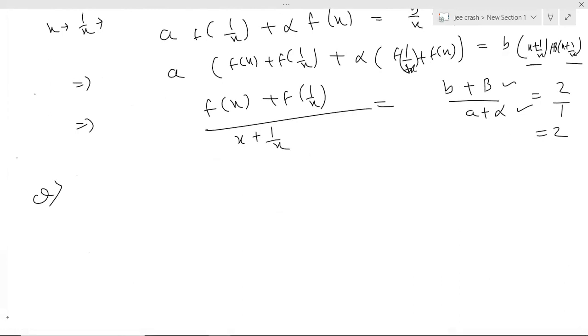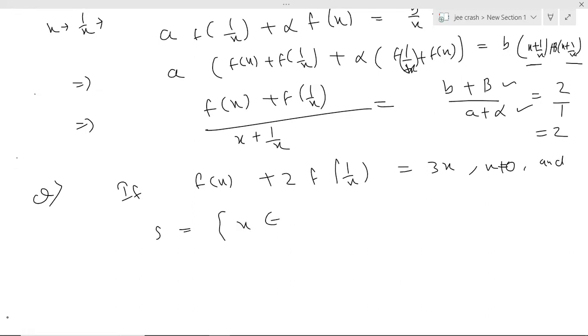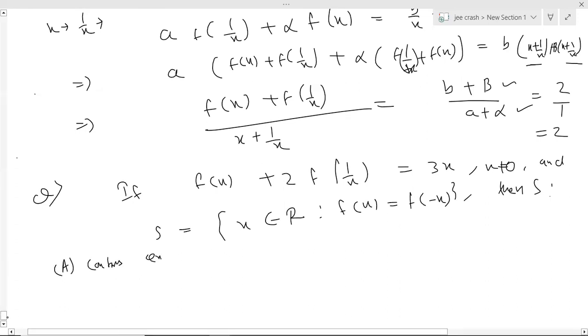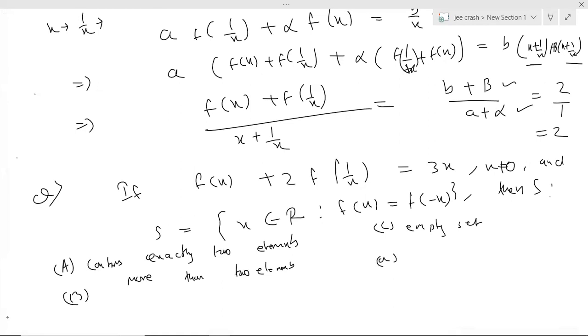Okay. One more question of this type. If f of x plus 2f of 1 upon x equals 3x, where x is not equal to 0, and S equals the set of x belonging to R such that f of x equals f of minus x, then S contains exactly 2 elements, more than 2 elements, empty set, 1 element.